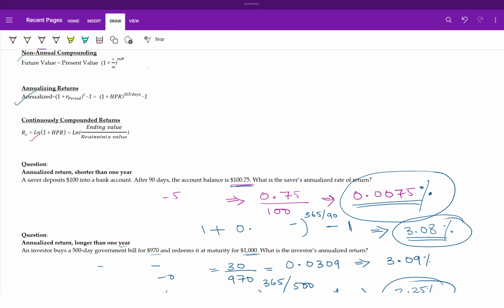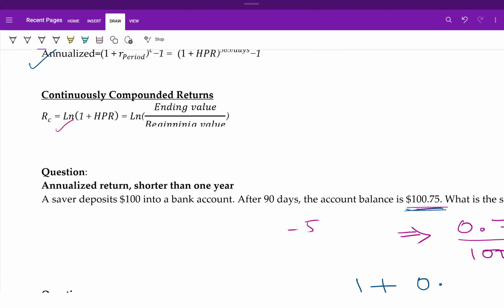We do not require any log tables. This is a very simple formula: the log of the ending and the beginning value, that is, 1 plus holding period return.